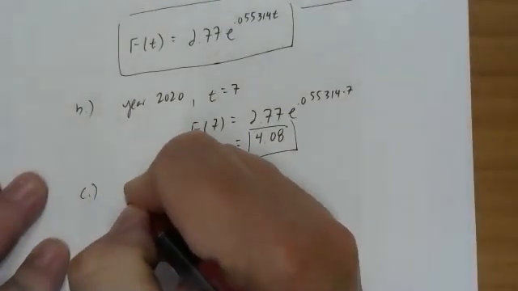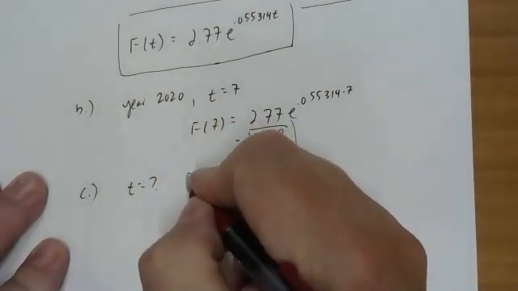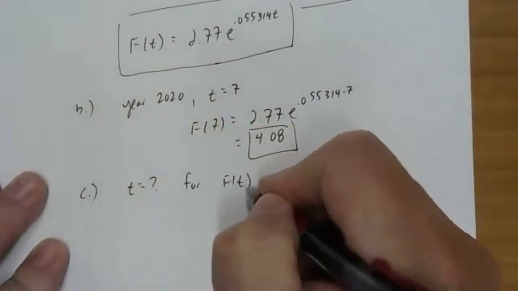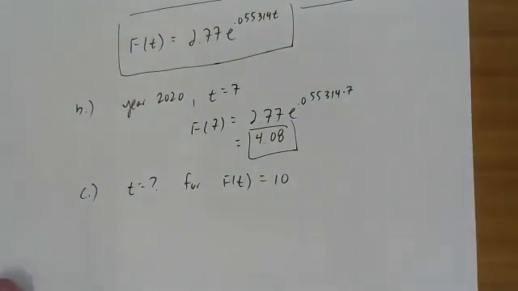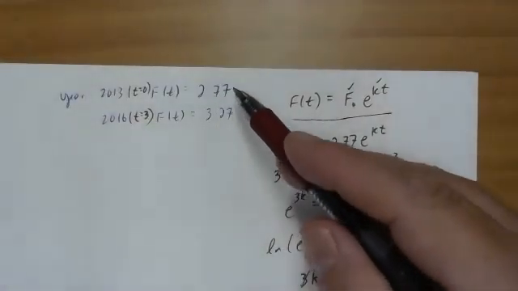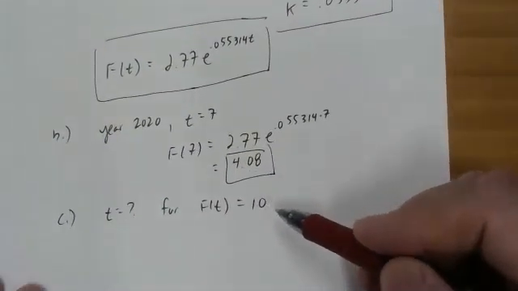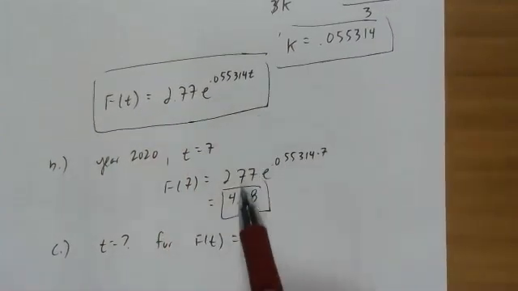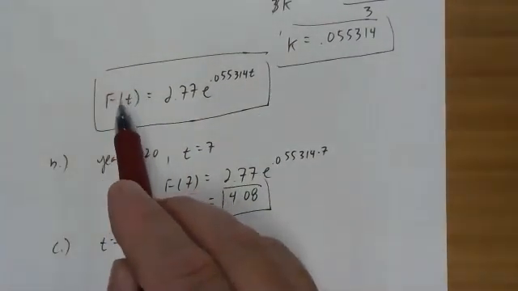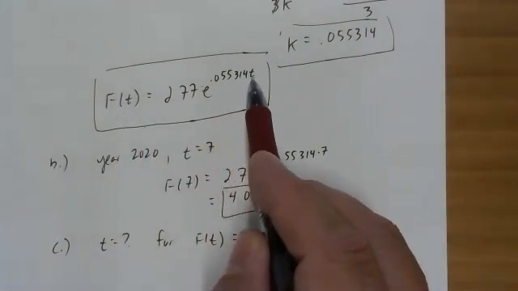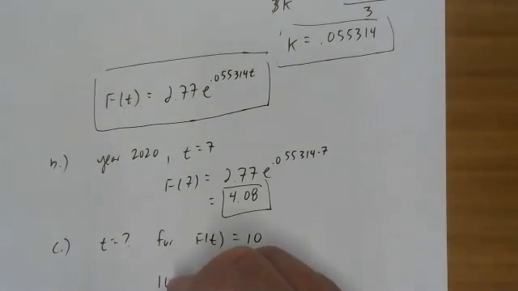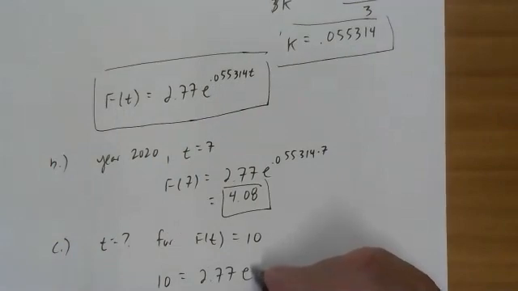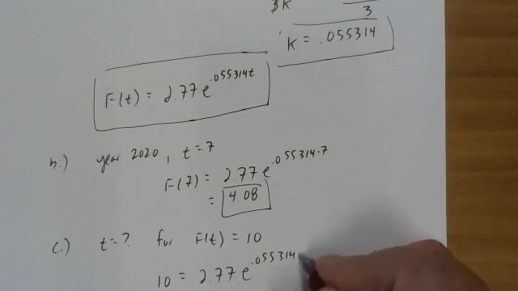But they're asking what's the year for it to get to 10? So that's where you take this equation and put in 10 for f of t, and then I have to solve for t. So 10 equals 2.77 e to the 0.055314 t.